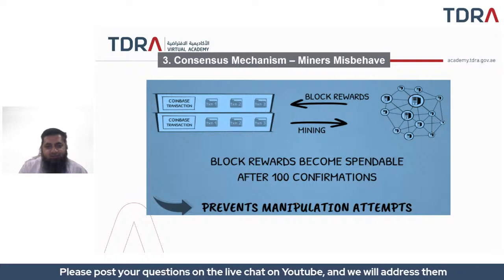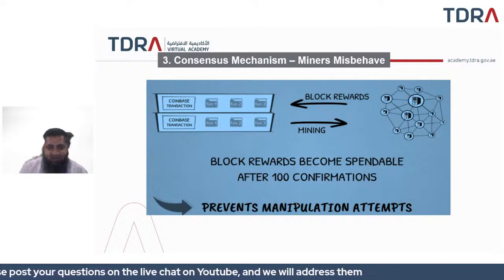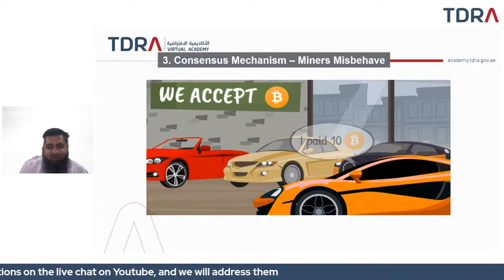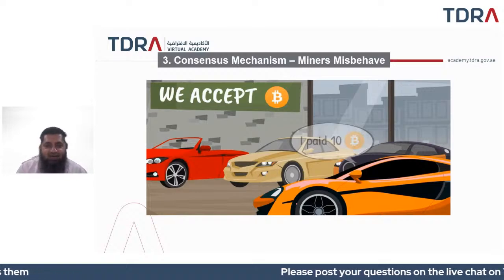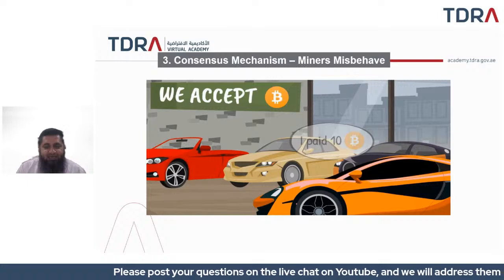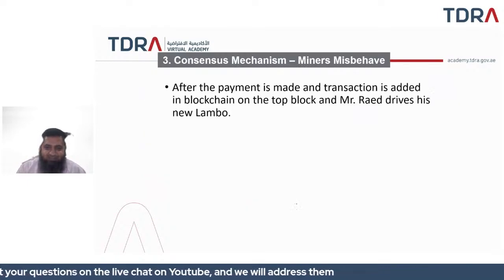Now, the block rewards are transferred to the miners and they keep them. So, here is another example. There is a car company selling cars and they say we accept Bitcoin, and they give one car for 10 Bitcoins.